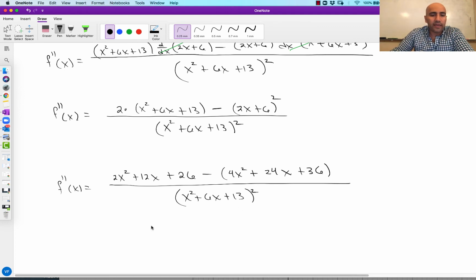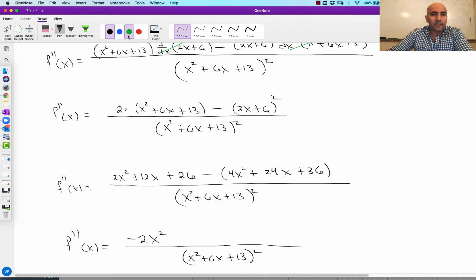So distributing and combining, we end up with a second derivative which is equal to this giant fraction with x squared plus 6x plus 13 squared in the denominator. And we'll get 2x squared minus 4x squared gives you minus 2x squared. That takes care of this term and this term.